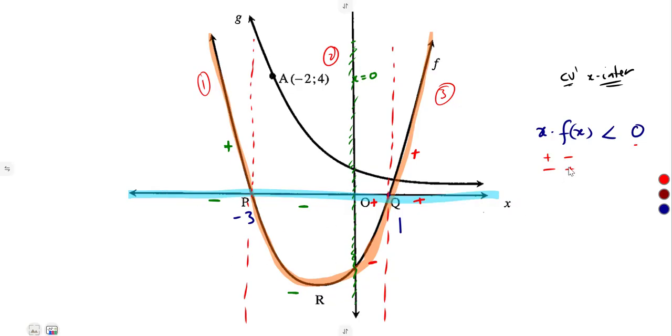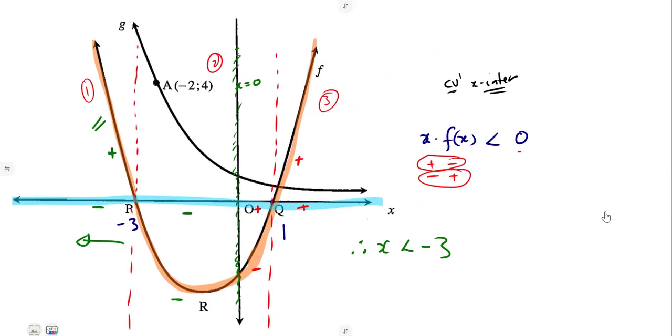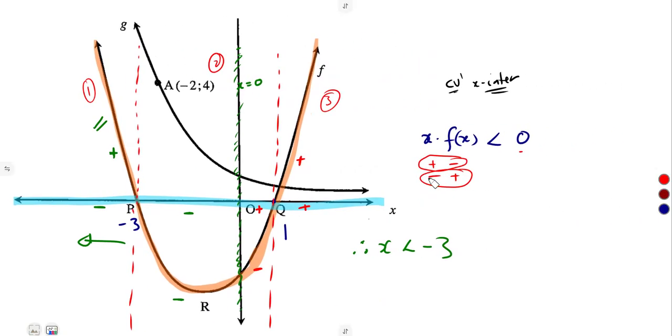So which region do we need, where there is positive, negative, or negative, positive? Region 1 is positive, negative, for the values of x that are less than -3. We are comparing x values, so therefore x is less than -3. Which other region do we have where there is a positive, negative? This one is negative, negative, meaning it is out.